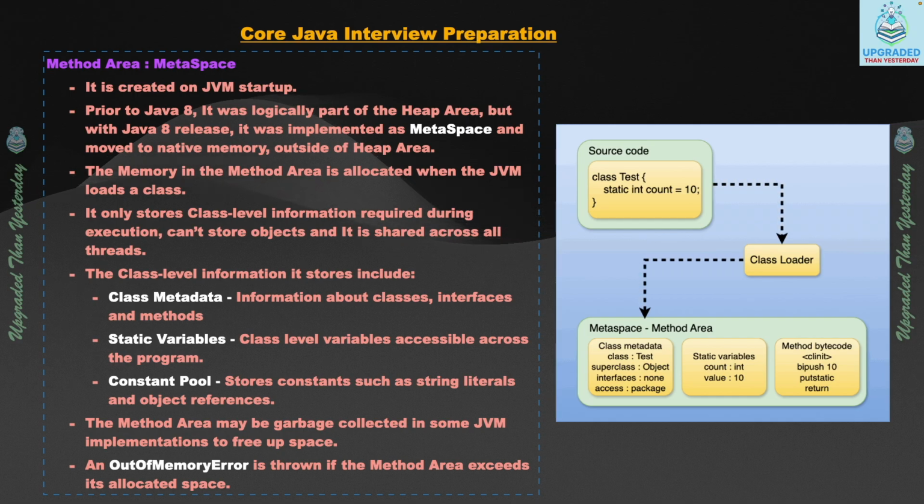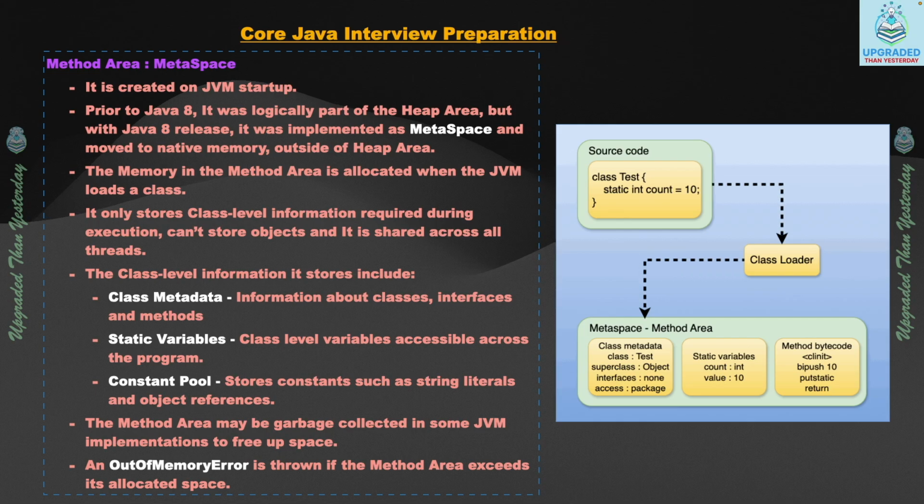Look at the diagram. There is a class Test and it has a static variable count assigned a value 10. In meta space, the following information will get stored. Class metadata. Class name will be Test. Superclass name Object, as every class in Java is a child class of the Object class. Interface.